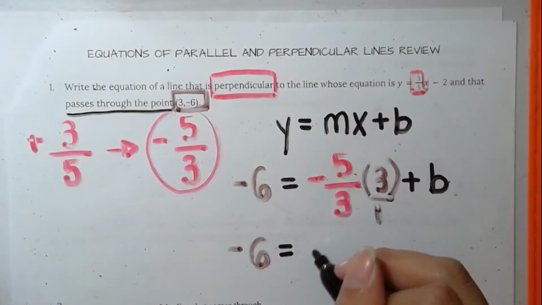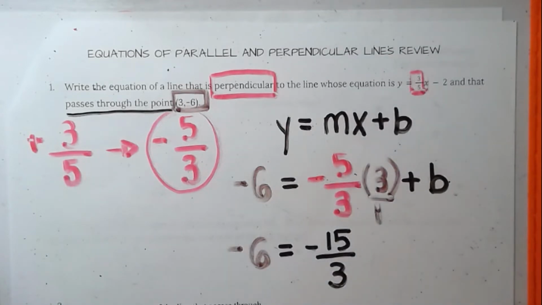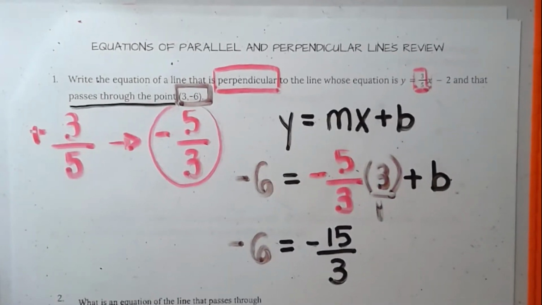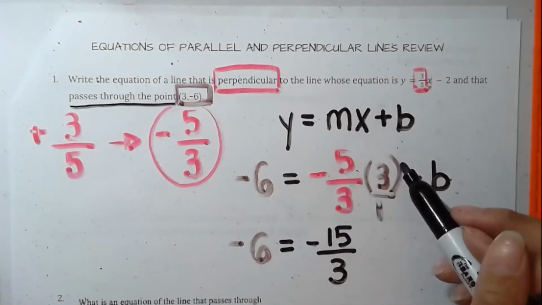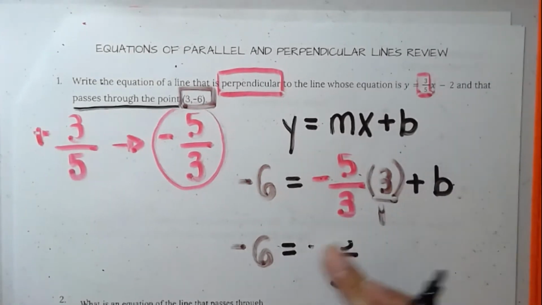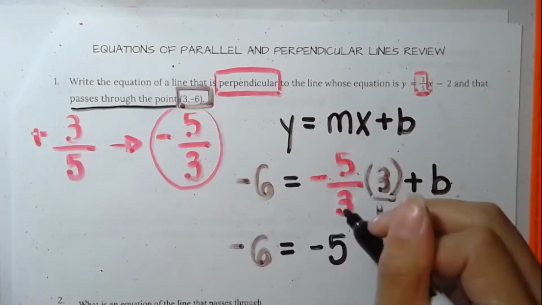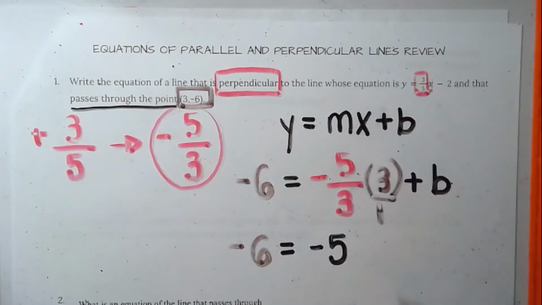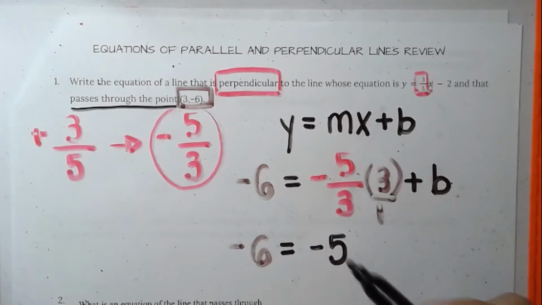So I can have negative 15 over 3, or I can simplify it. You could have also crossed out the 3 if you recognized the pattern there, and you would have gotten negative 5. I'm going to simplify this over here and write negative 5, because again, negative 15 divided by 3 is negative 5.